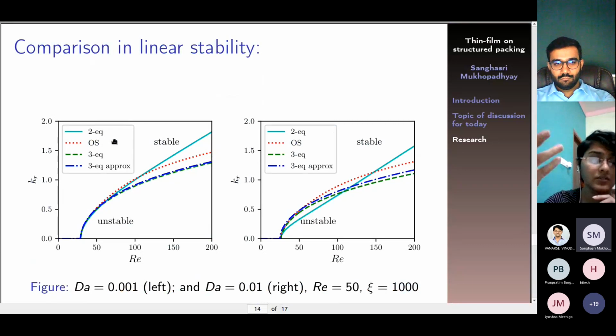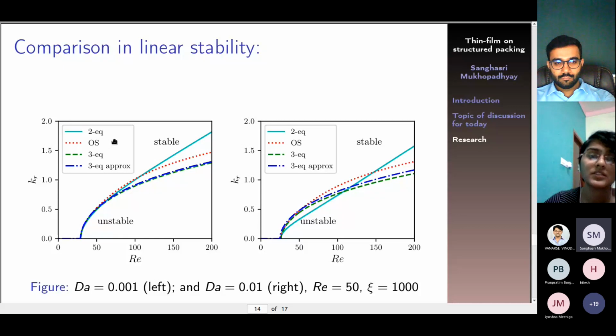And the three-equation model is our model, where we have decomposed the flow rate into the two regions, the porous and the liquid region. And the approximate model is the model where we have approximated the coefficients that we got from the three-equation model using some algebraic approximation, using some polynomial approximation to be precise.